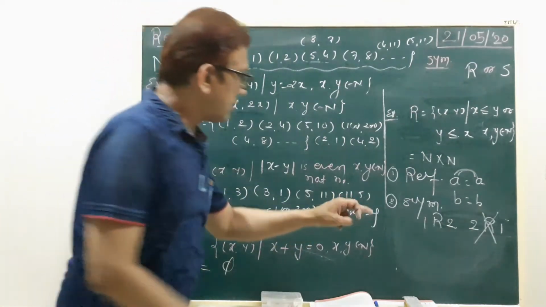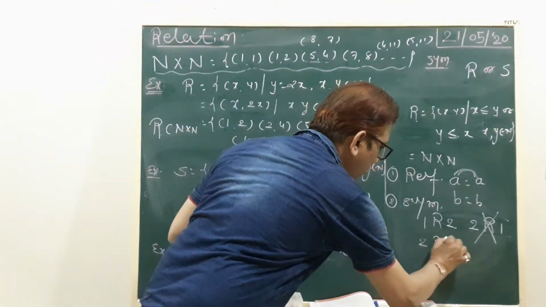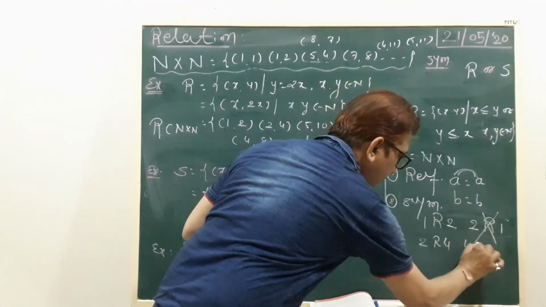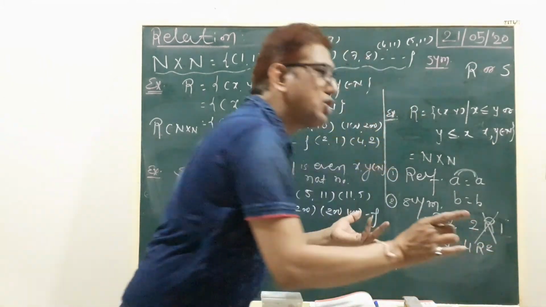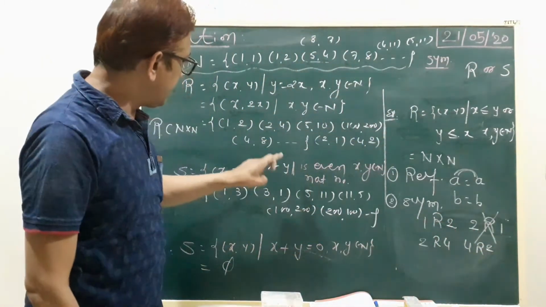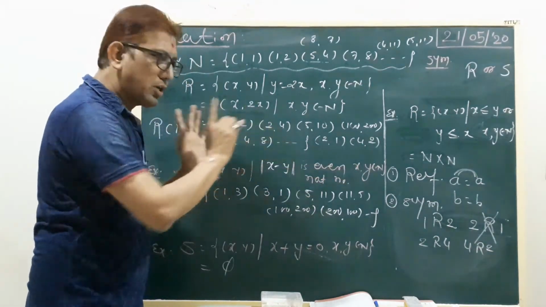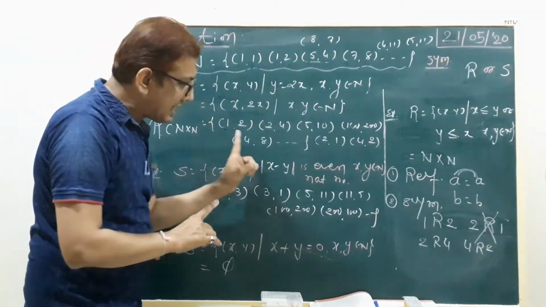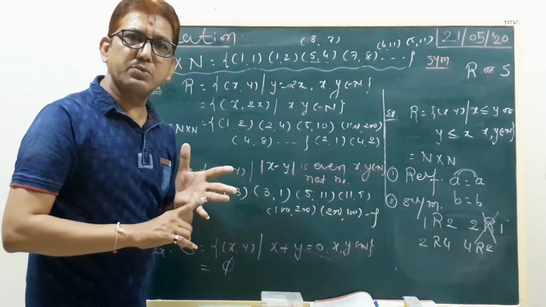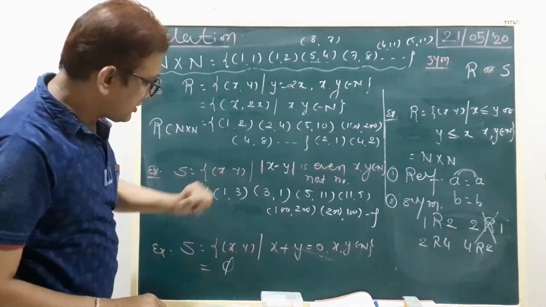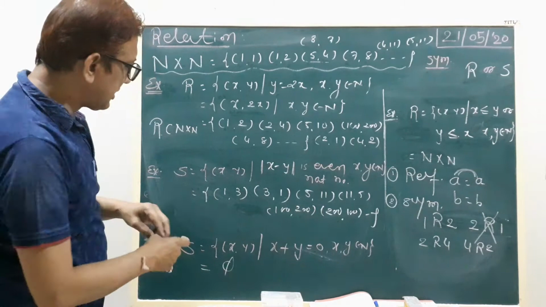Right? So 2 related to 4 is possible, but 4 related to 2 is not. So in this question, the first one, reflexivity, is not satisfied, and the second one, symmetric, is also not satisfied.